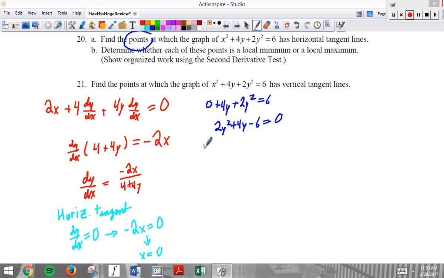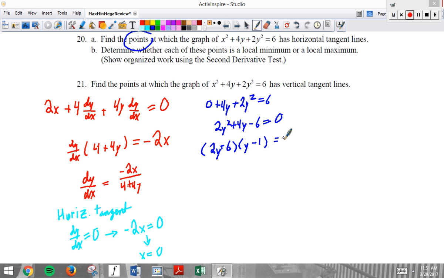Now, I don't know how you guys were taught to factor it, but however you factor it, you better get to the correct answer. So I believe it's going to be plus 6 over here and minus 1 over here. Yep, that looks right to me.